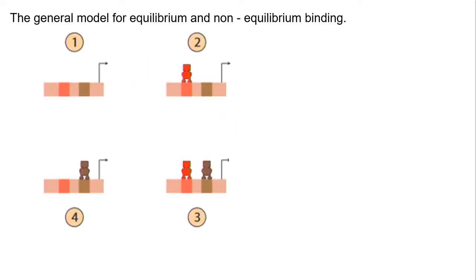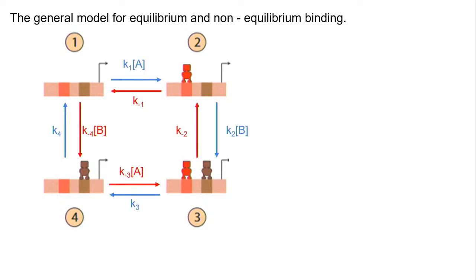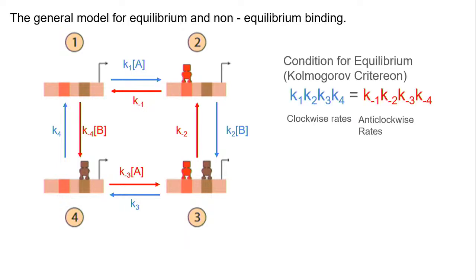So we can extend the same model that I showed you earlier into a more general form, where you have the same 4 states, and these states can now transition between each other. So you have these clockwise transitions denoted by the blue arrows, and the anti-clockwise transitions denoted by the red arrows. And when this relation between the rates holds, you satisfy something called the Kolmogorov criterion.